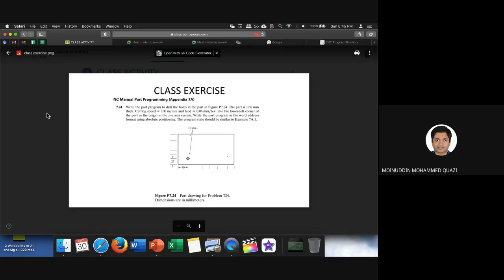After solving, please take a picture or take a snap or just write it in a Word file and you can put it in the Google Classroom and submit it.